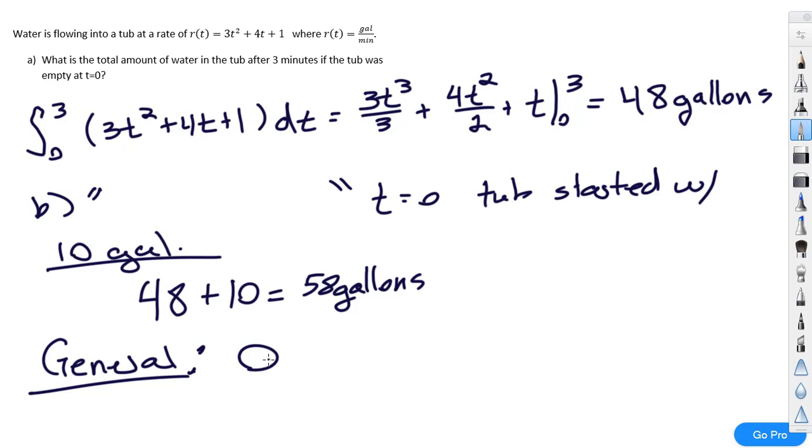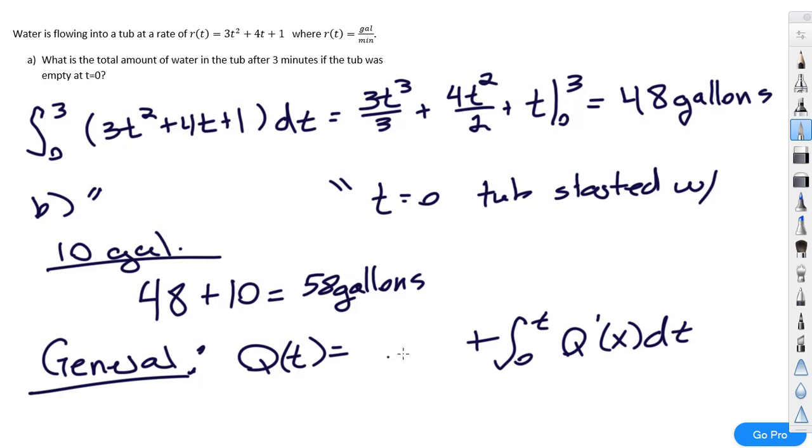If we want to figure out the quantity that we have at time t, we need to figure out the amount that we got between time 0 and time t from whatever mechanism is giving us something, whether it's velocity or rate of water into a tub, whatever. We also need to add to that Q sub naught.